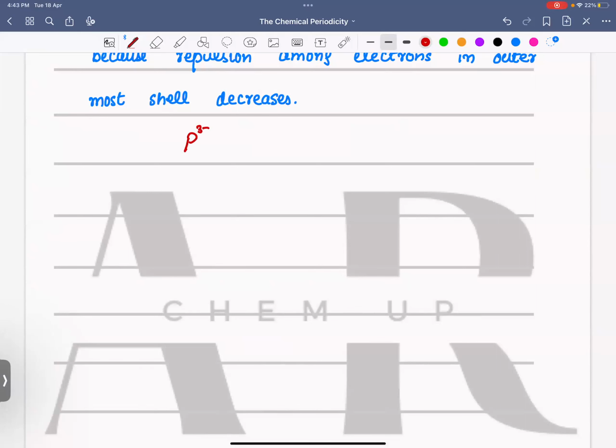So here it's phosphorus with a 3 negative charge. Then after phosphorus, the next we have sulfur with a 2 negative charge. And then we have chloride with a 1 negative charge.